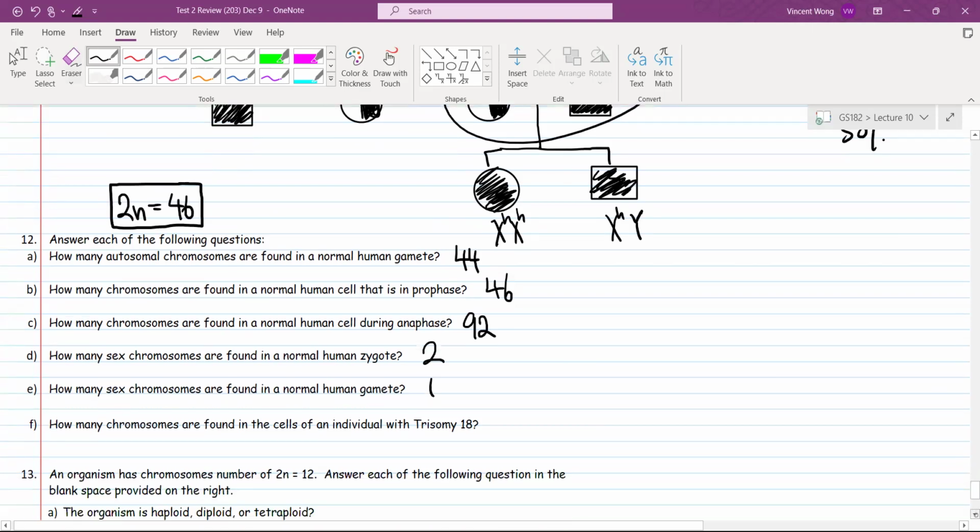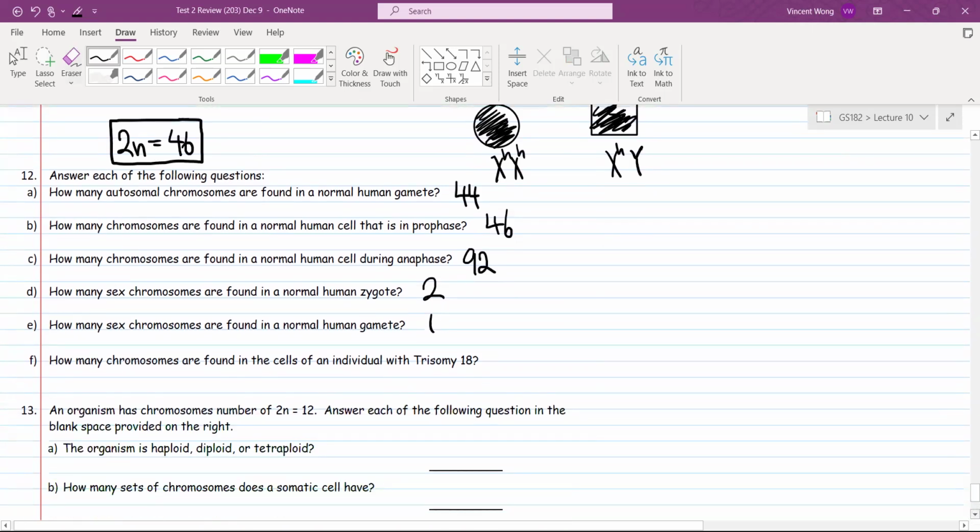For eggs, it's always going to be X. For sperm, it's either X or Y. How many chromosomes are found in the cells of an individual with trisomy 18? Trisomy 18 means an extra chromosome 18. So that's going to be 46 plus 1, which is 47.